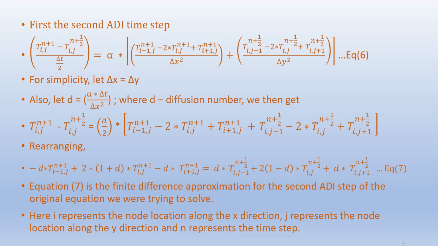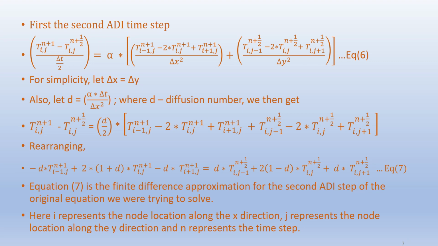For the second time step, we have (T(i,j)^(n+1) minus T(i,j)^(n+1/2)) by delta t by 2 equals alpha times [(T(i-1,j)^(n+1) minus 2 times T(i,j)^(n+1) plus T(i+1,j)^(n+1)) by delta x square plus (T(i,j-1)^(n+1/2) minus 2 times T(i,j)^(n+1/2) plus T(i,j+1)^(n+1/2)) by delta y square].